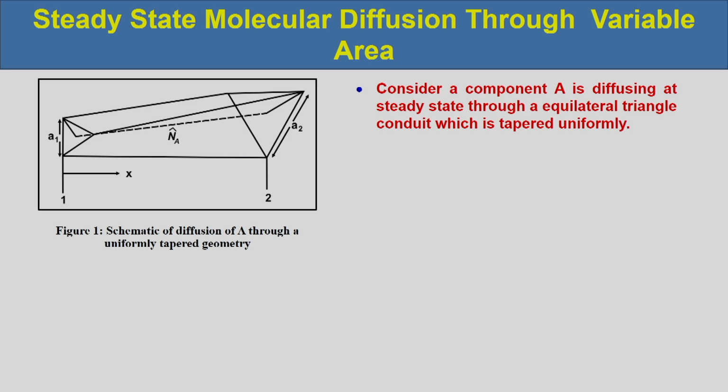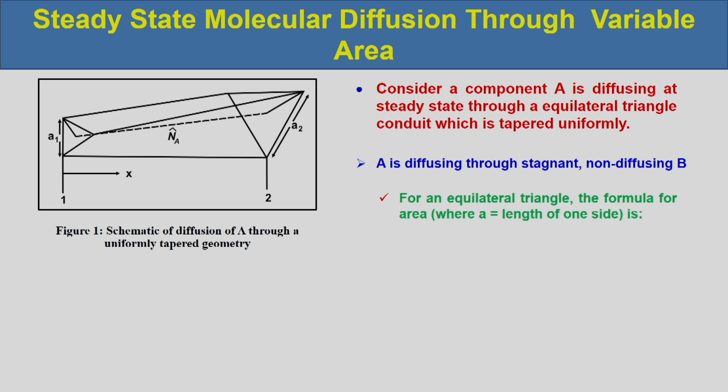So, consider a component A diffusing at steady state through an equilateral triangle conduit which is tapered uniformly. Let us consider A is diffusing through stagnant non-diffusing B component. Now, for an equilateral triangle, where a is the length of one side, the area can be written as A is equal to half into side into altitude.